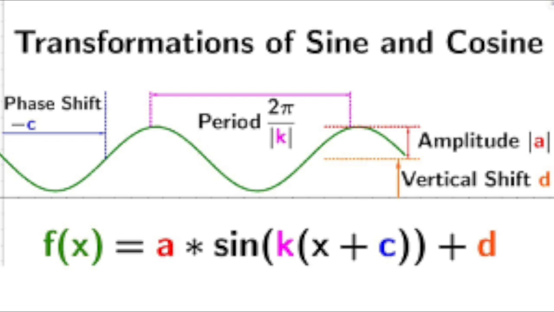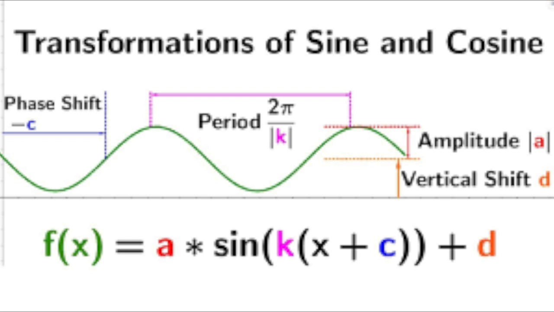When you have B multiplied by the x, you put it in the formula 2 pi over B to get the period. A basic period is going to be 2 pi, and the period is going to be split up into 4 intervals.